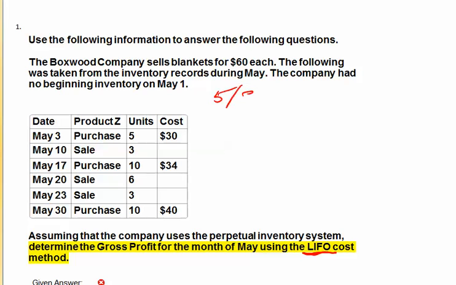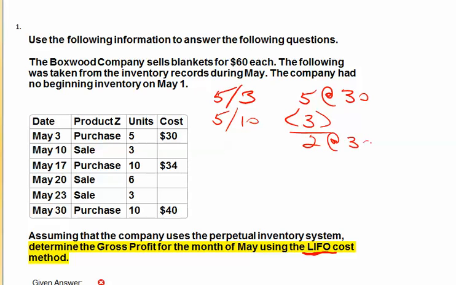On May 3rd, we purchased 5 at $30. On May 10th, we sold 3. So now I have 2 at 30. On May 17th, I have 10 that I purchased at 34.